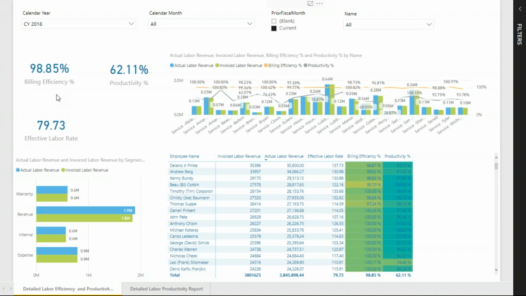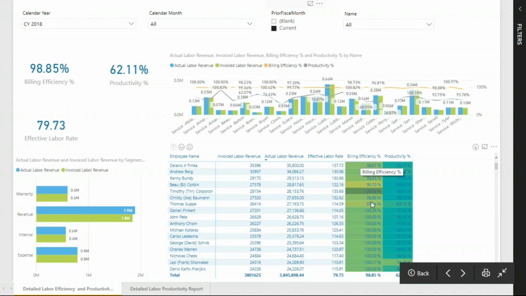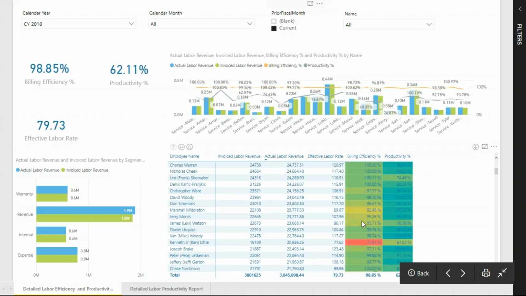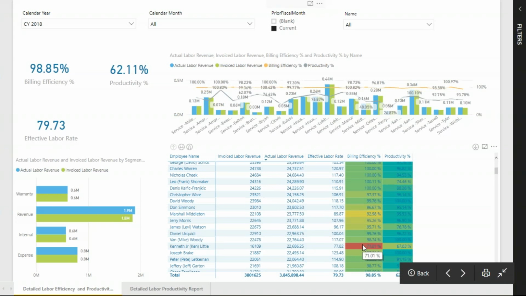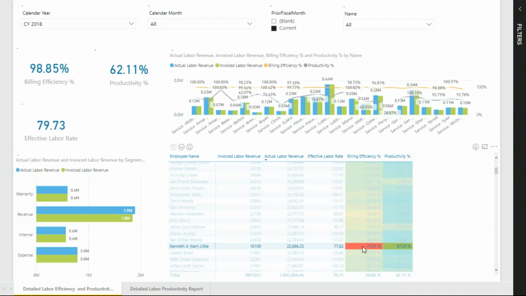It's not flat rating, it's reading it. Yeah, we have about half of our branches that can get above 100. You're pretty good at billing efficiency. This guy is at 71%, Kim Little.